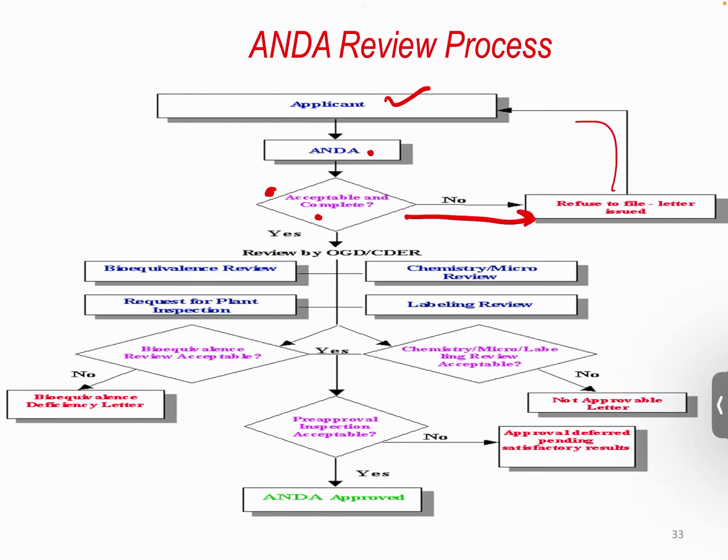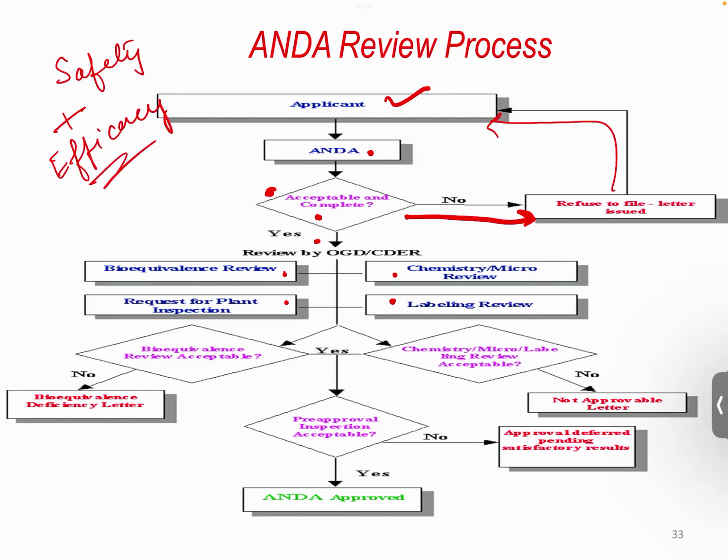If it is acceptable, now see, the review is also easy. ANDA application review is easy because they already know everything is already approved, especially these two important things, safety plus efficacy. It's already approved.